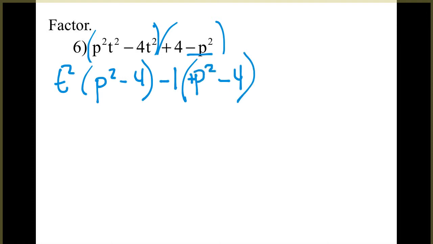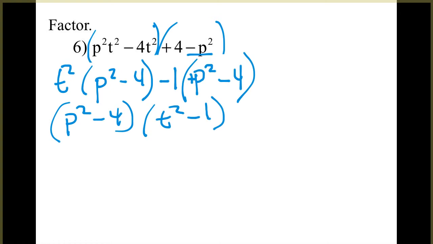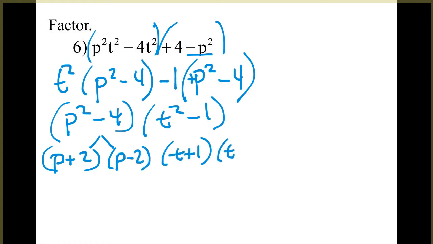Okay, break it down, divide out my p squared minus 4. It's my binomial factor that they have in common, and I'm left with t squared minus 1. Just a reminder, we have a difference of squares, so we have to break it down to p plus 2 times p minus 2 times t plus 1 times t minus 1.